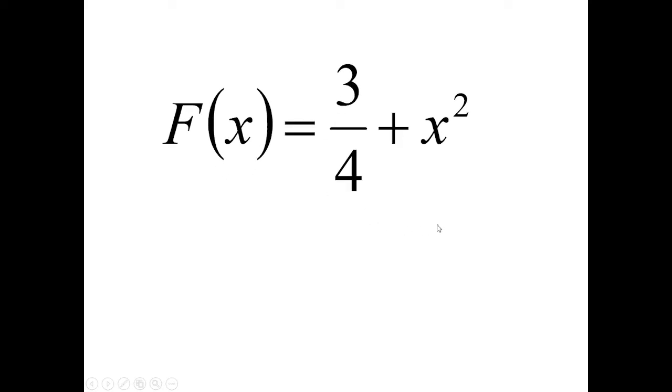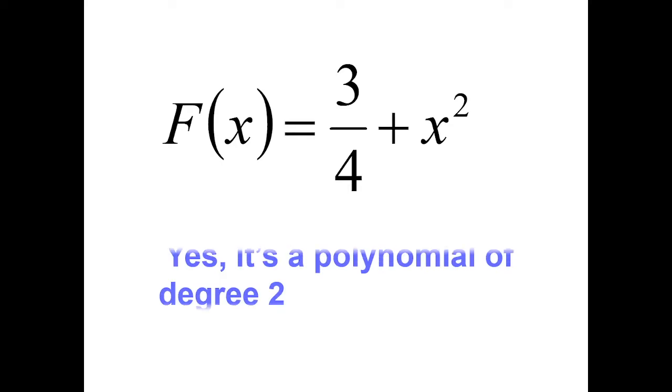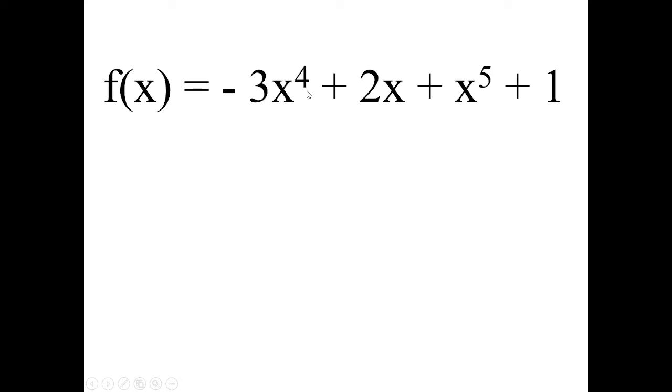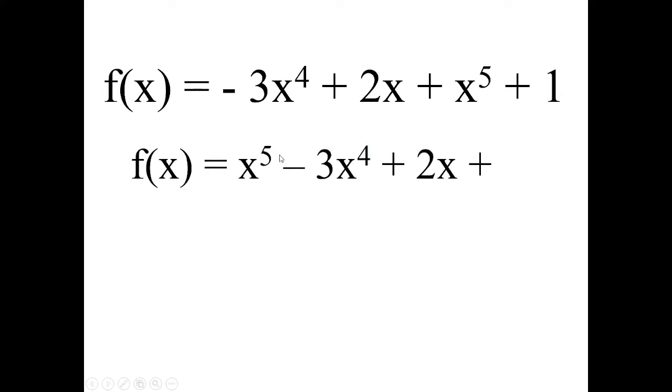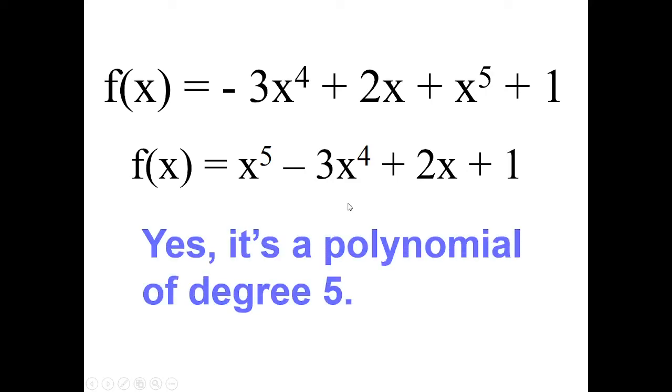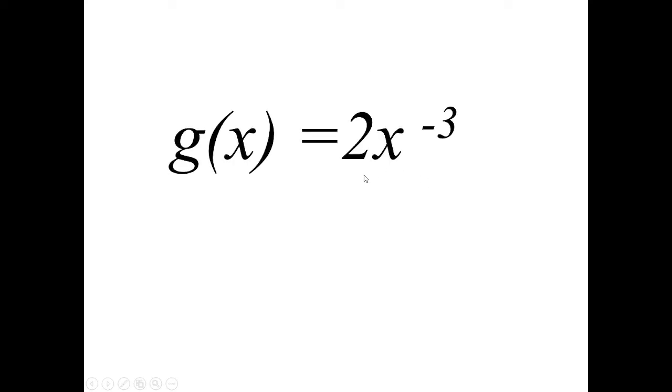Next, this one is a polynomial function because its degree is 2. Next, this is not arranged, so let's arrange it in standard form. As you can see, the highest exponent is 5. Therefore, this is a polynomial of degree 5. Then, how about this? 2x to the negative 3.